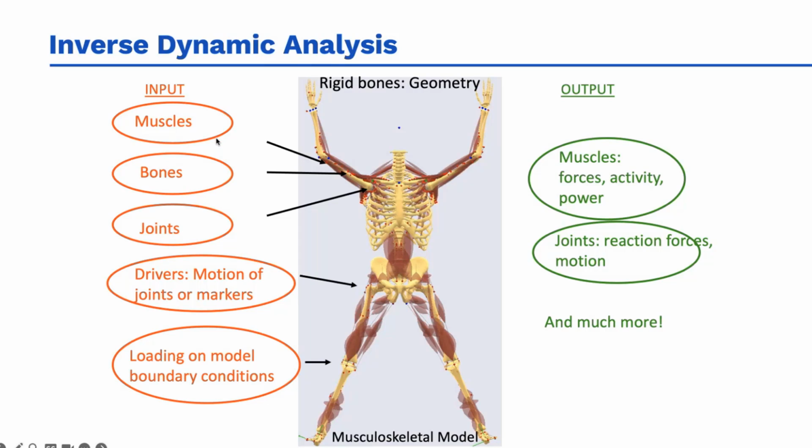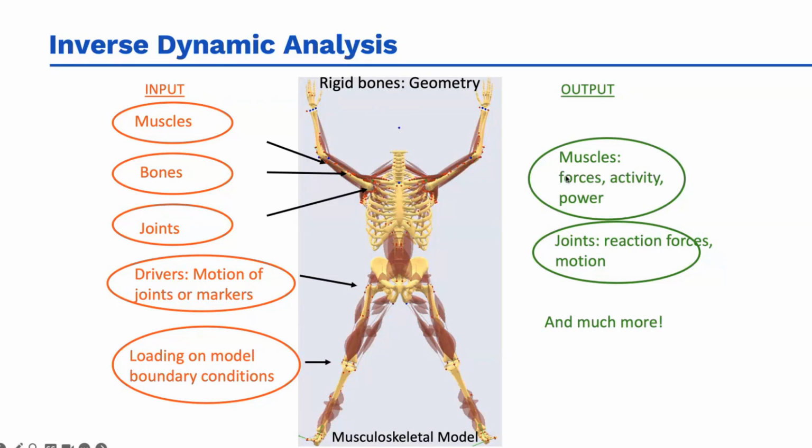So the input in a musculoskeletal simulation is, you input the muscles, the bones, the joints, and then you would specify a motion and any other loads on the model. For example, if you're carrying a heavy backpack, you would also input that in the musculoskeletal model.